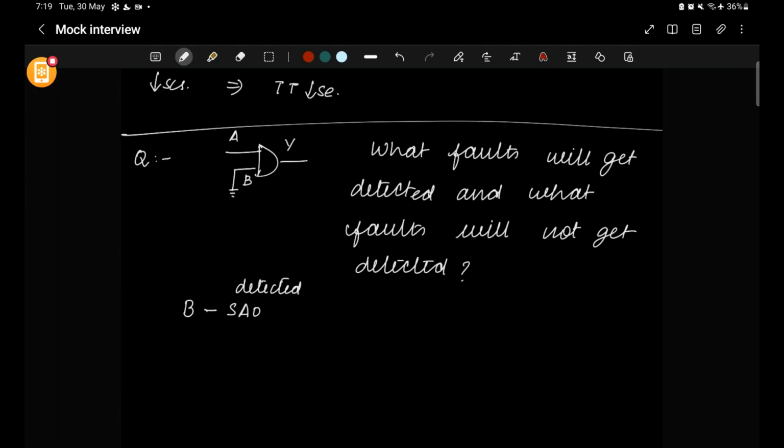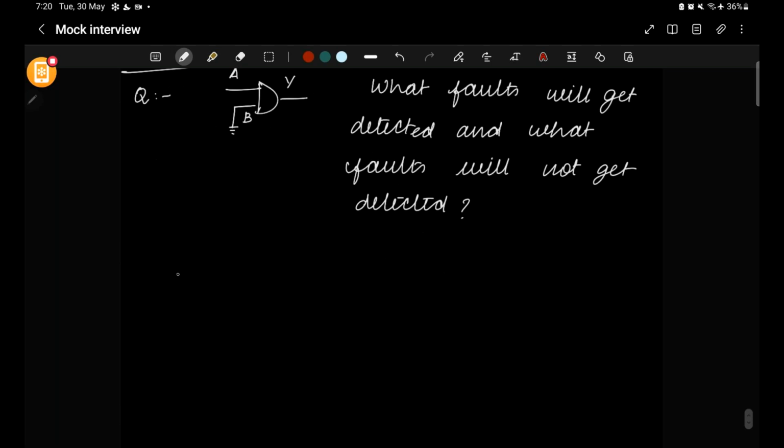In net A, yeah, both stuck at 1 and stuck at 0 will not be detected. Yes, correct. At Y, stuck at 0 will not be detected, I think. No? Yes, correct. Stuck at 1 will be detected.